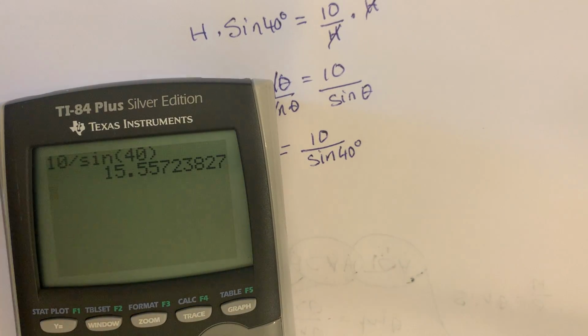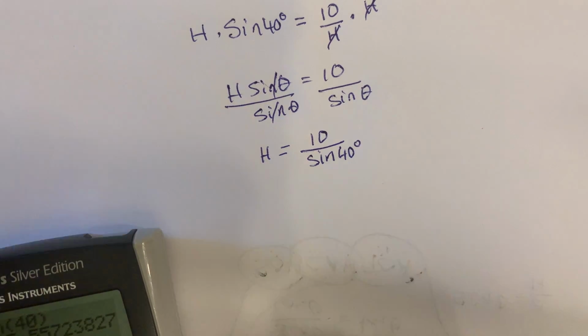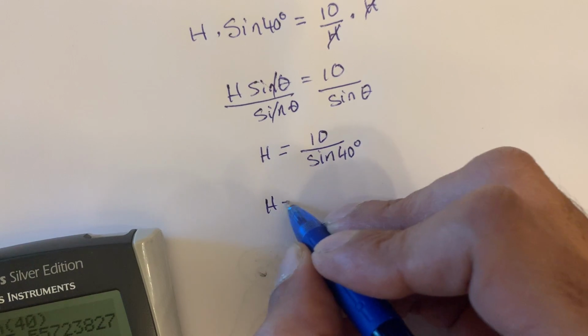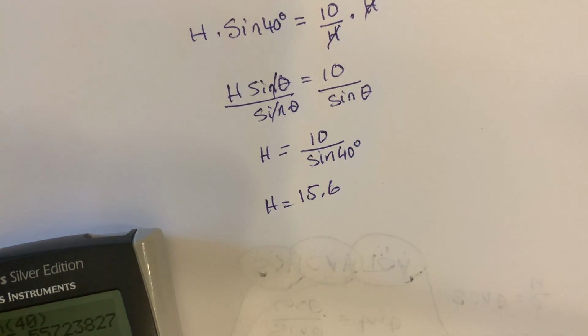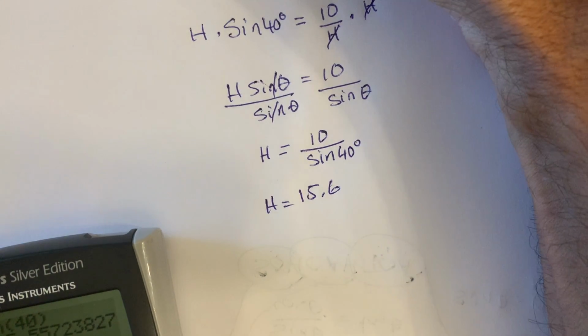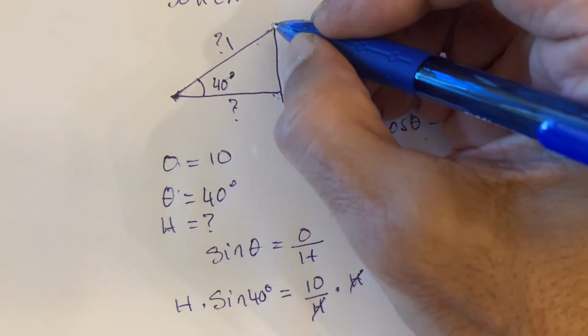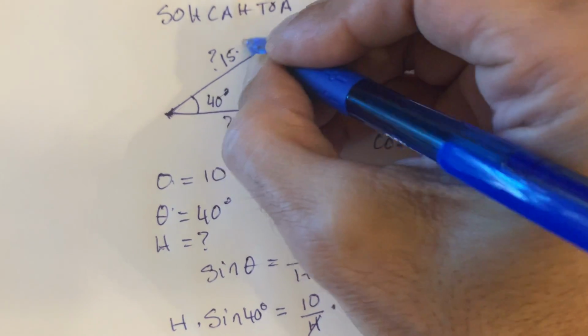So that's 15.6 would be the hypotenuse. So the hypotenuse is 15.6, I rounded that. I'd say units. So up here, I'll go ahead and put 15.6.